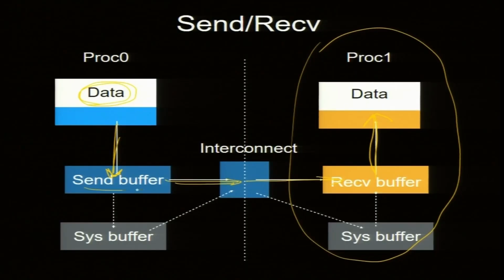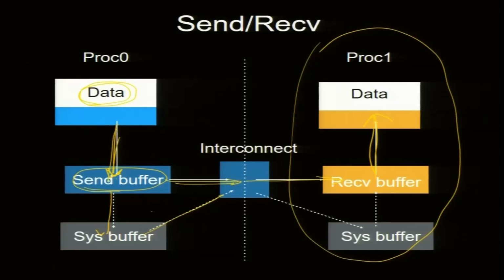Is that clear? This is what is done in send receive, which we did not need to do for OpenMP or multi-threading. Sometimes the buffer is copied into a system buffer, then transferred, depending on the implementation. The buffer may be freed so that I can send more data, there may be such a requirement.